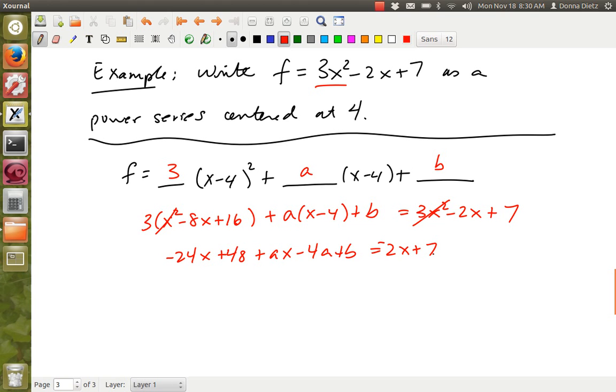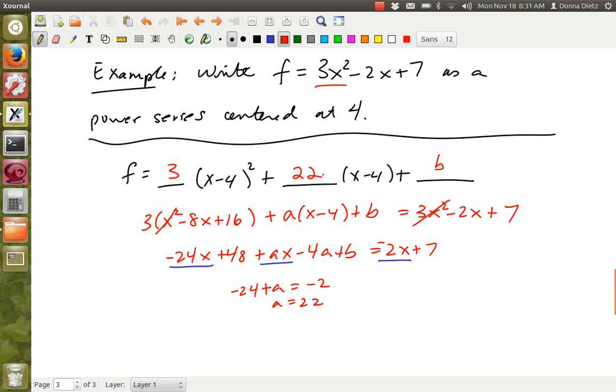So the next thing we have to match up is the x's, so negative 24x plus ax equals negative 2x. So that means negative 24 plus a equals negative 2. I'm going to add 24 to both sides. Okay, so now I know that this guy has to be a 22. Alright?